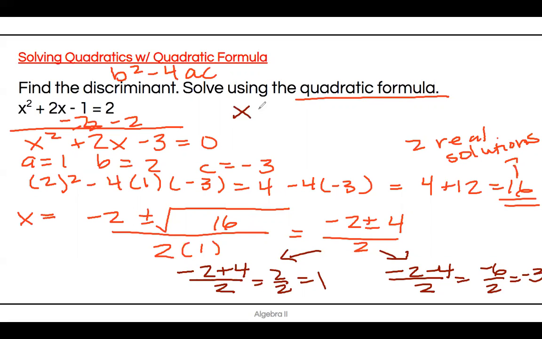So x is equal to 1 and x is equal to -3. So I'm going to pause it, let you get it all, and then the final one you're going to do on your own.